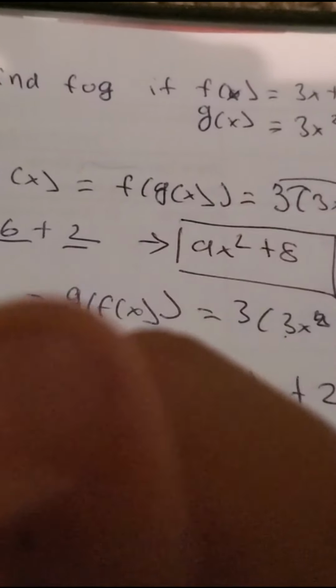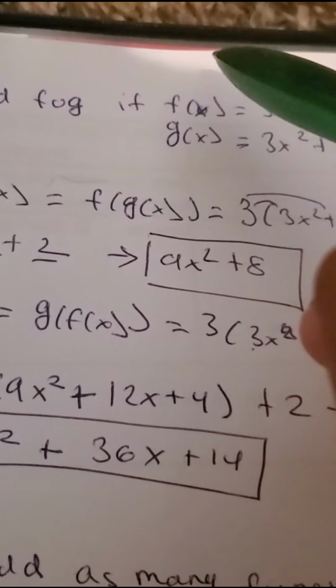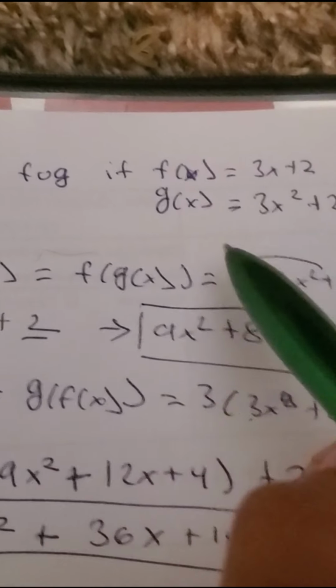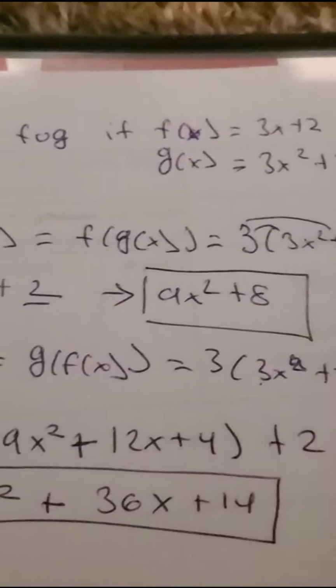Let's do the first example. A common test question will be like, find F∘G. So the problem starts here. If f of x is equal to 3x plus 2, and g of x is equal to 3x squared plus 2.